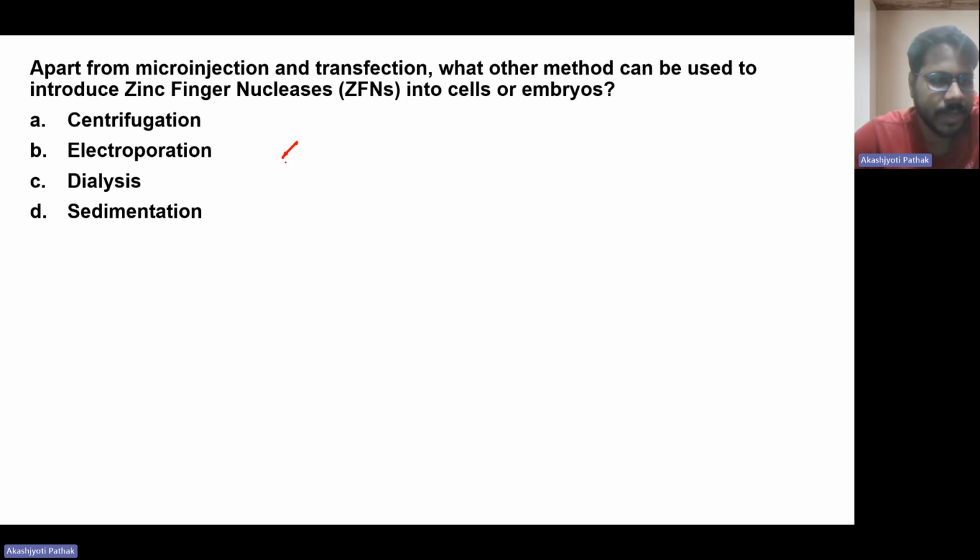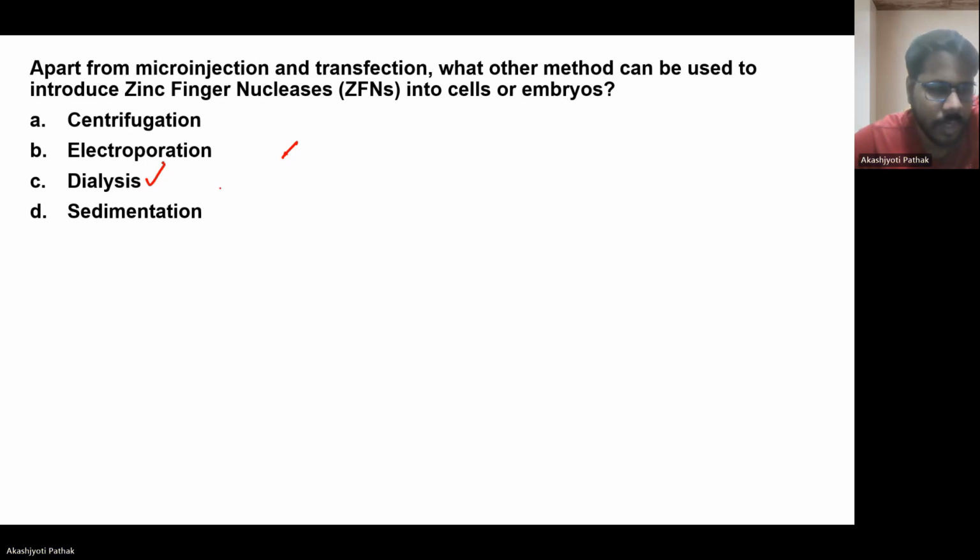Electroporation, yes, electroporation is a method. You already have learned about this. And what is dialysis? Dialysis is a method which follows the process of osmosis, as you have learned. If you want to exchange one solvent with another solvent, you can use the dialysis method.